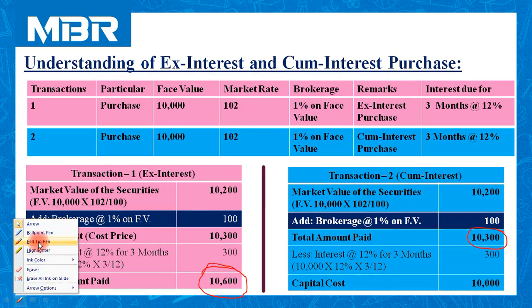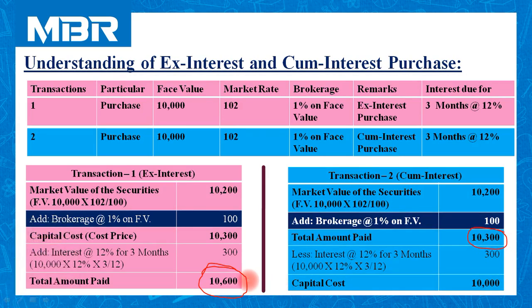आप एक बार अच्छे से दोनों कैलकुलेशंस को समझो. What is the difference in this calculation of total amount paid and this calculation of total amount paid? Here transaction is given X interest. इसका मतलब जो भी प्राइस डिसाइड हुई है वह सिर्फ सिक्योरिटीज के लिए है, उसमें इंटरेस्ट नहीं है. It means we need to pay additional interest.